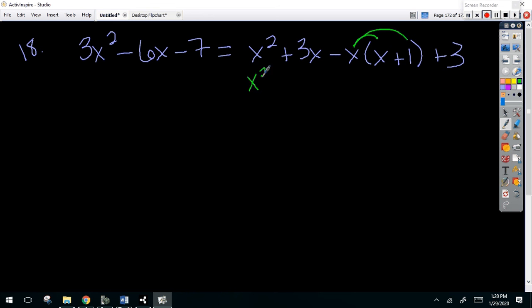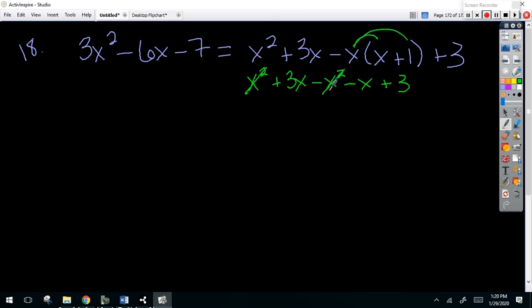Okay, so I've got x squared plus 3x minus x squared minus x plus 3. Looking only at the right side right now, what do you notice has happened? The x squared's gone. That's exactly right.